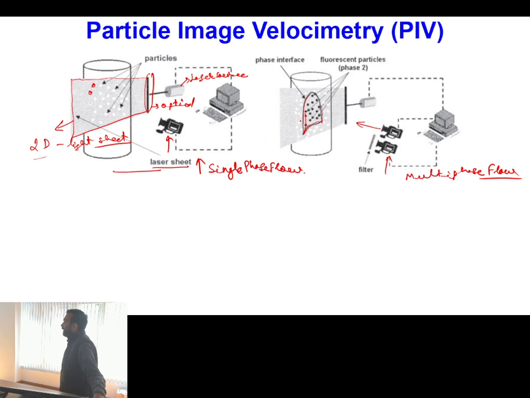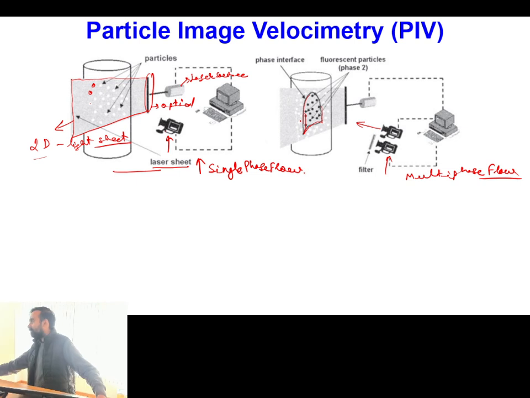Okay, so with the help of the second camera, we will be able to capture only the interface boundary between the two phases, and the first camera will be capturing the locations of all the particles. Okay, so this is the schematic representation of how a PIV setup is used.